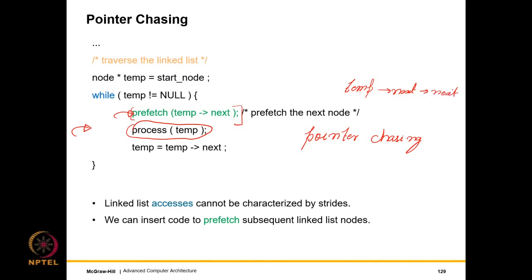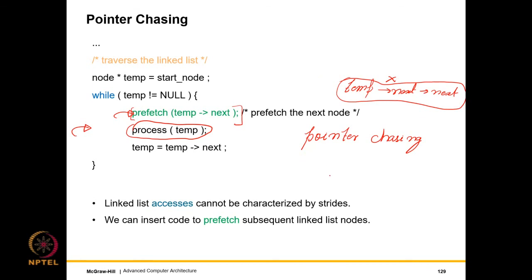But of course, to find next we'll have to get the data, so there is no shortcut, and that's why this is not a practical idea as compared to temp arrow next. But if we have some data structure that just has this pointer but does not have the data, some sort of an indexing data structure, then this can be done and we can prefetch nodes of the linked list that we are going to access in the future.